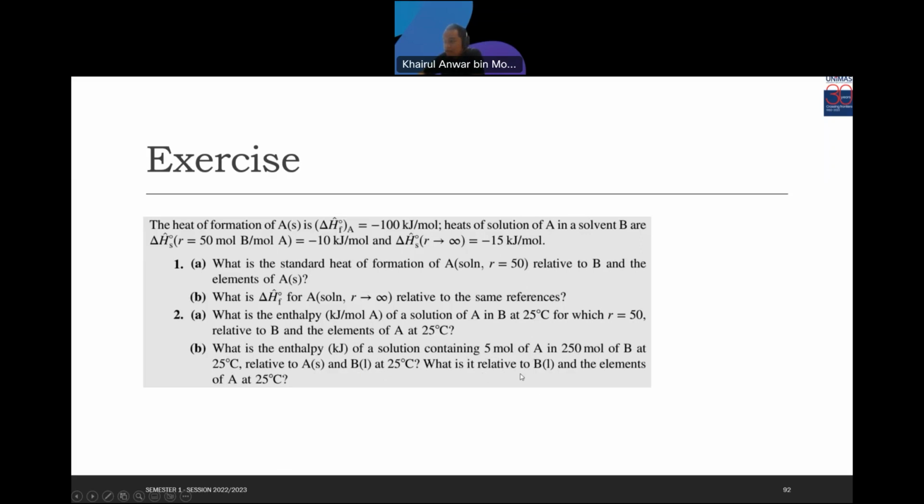So H at 25 degrees C is equal to negative 110 kilojoule per mole A times 5 mole of A. So the answer is negative 550 kilojoule.